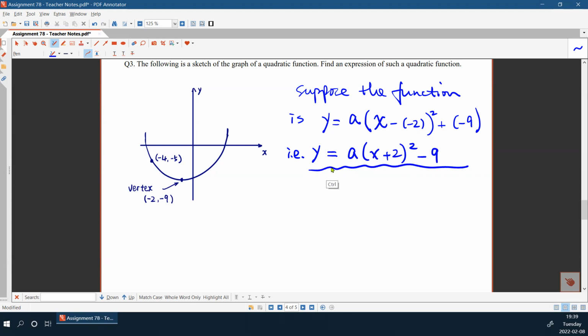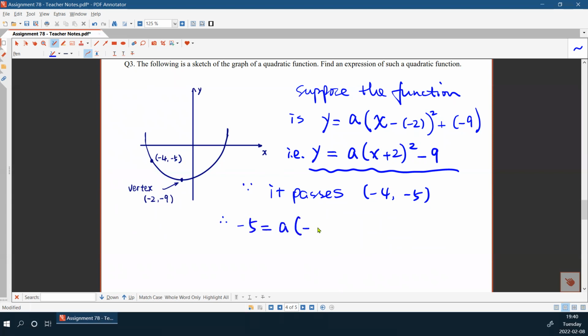Note here, there is only one unknown coefficient, which is a. So that means we only need one point, and then we can plug it in to get the value of a, right? Because it passes -4, -5. Therefore, -5 equals a times (-4 plus 2) squared, minus 9, right?